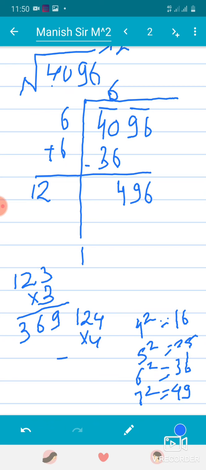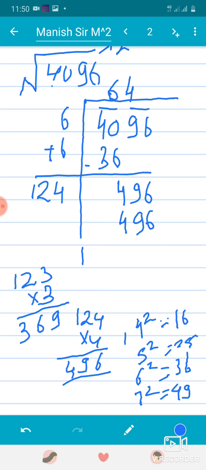Multiply with 4. 4 4s are 16, carry over 1. 4 2s are 8, plus 1 is 9. 4 1s are 4. Oh, it is equal to the actual 496. So we put here 496 and mention 4 over here.